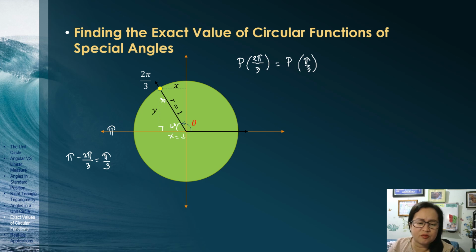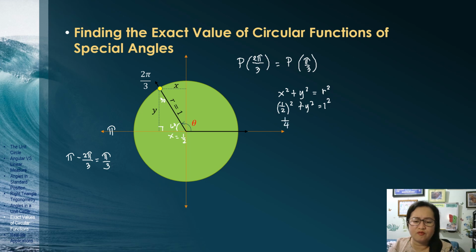That is 1/2. So what about y? We can use the Pythagorean theorem, the same as what we did a while ago. Our x is 1/2, then r is 1.